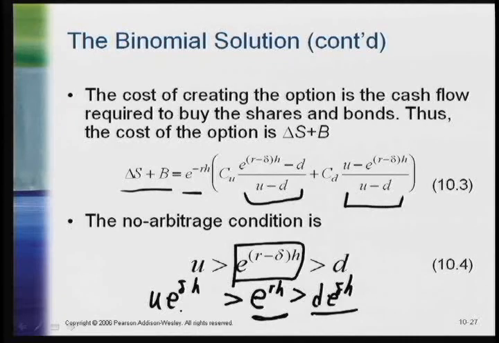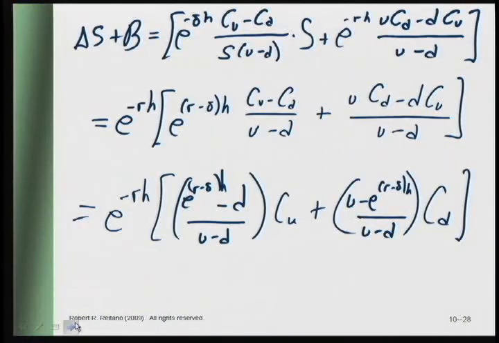Again, imagine if e to the RH was less than the down return. So let's, in fact, investigate that in our next blank slide. Let's just do one of these examples.